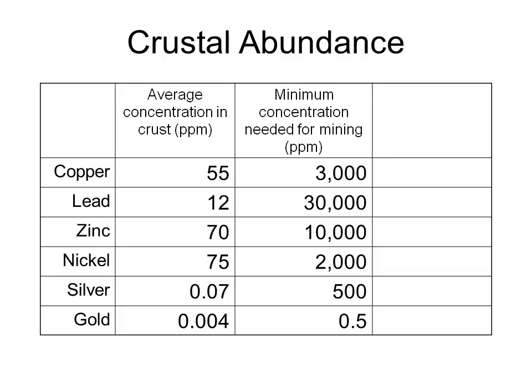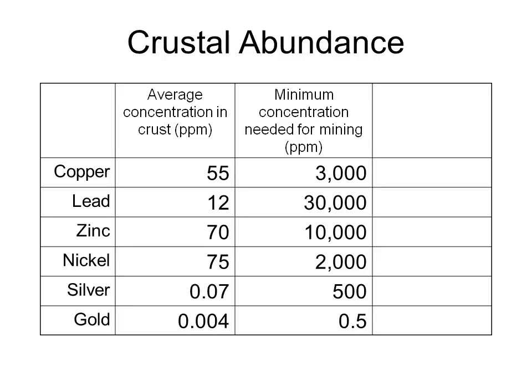Few mines are profitable at a copper grade of less than 0.3% or 3,000 parts per million. For lead, few mines operate on a lead grade of less than 3% or 30,000 parts per million of lead as the sole product, and so on down.